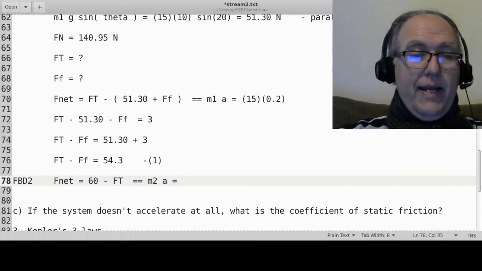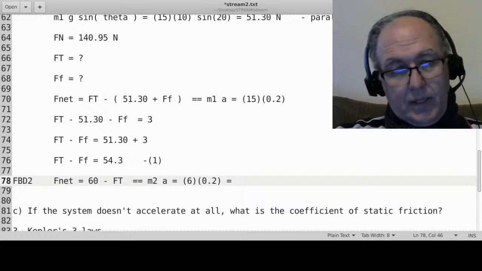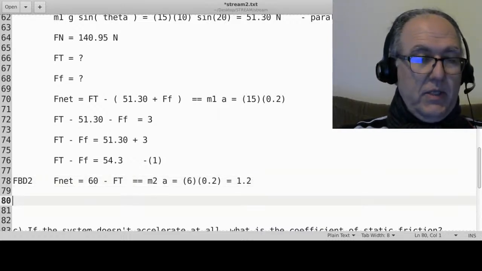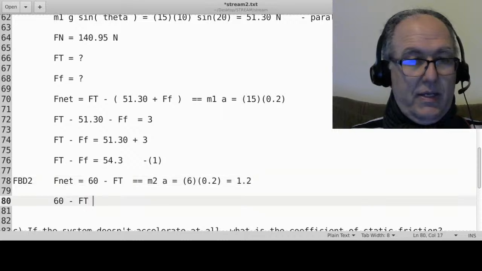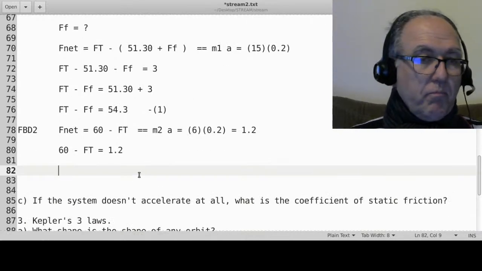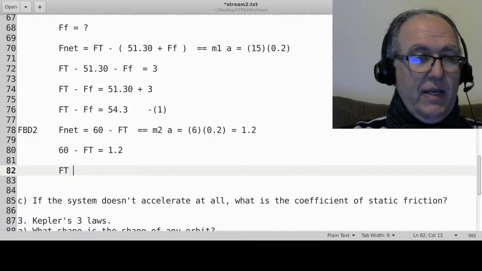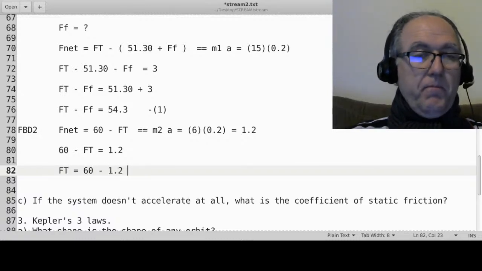We know m2 because I gave it to you, and we know that a is 0.2, and that's going to be 1.2. So cleaning that up a bit, we get that 60 minus Ft is equal to 1.2. That tells us that Ft is equal to 60 minus 1.2.